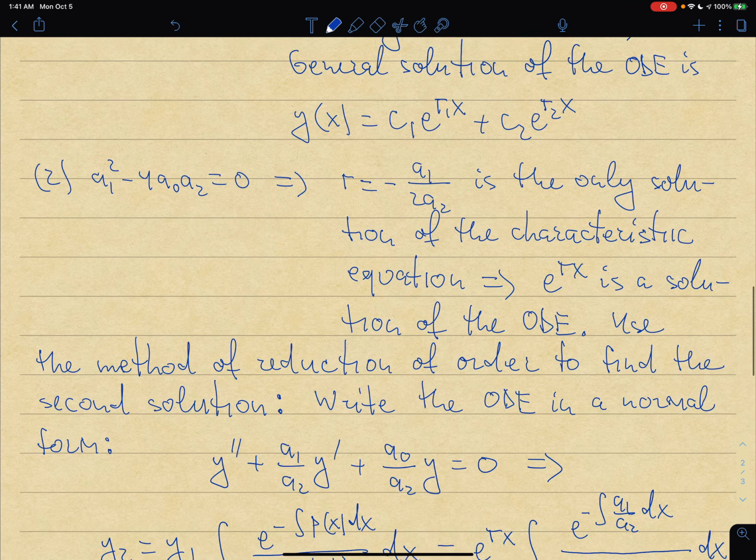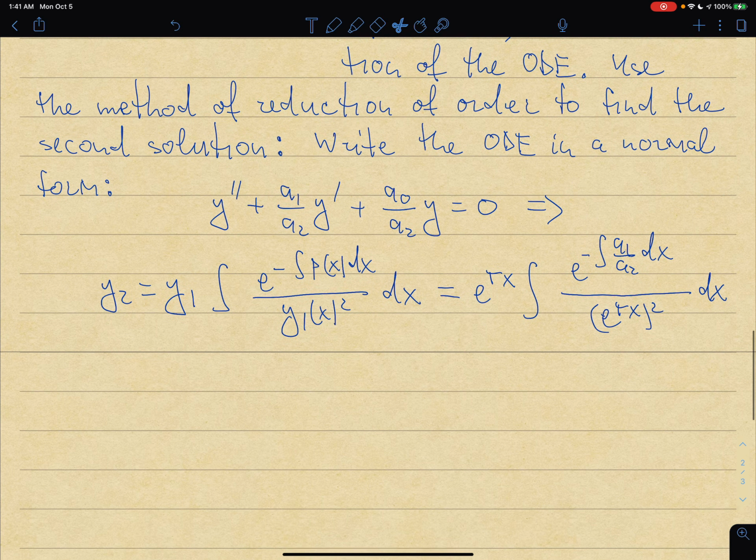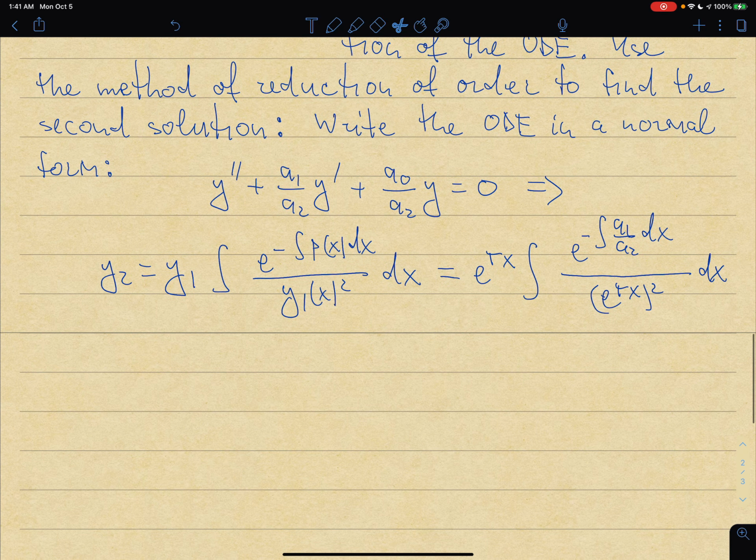Fine. And now, one other thing that we know is that r is minus a1 over 2a2, so I'm going to substitute that choice of r into my formula here. I'm going to keep e to the rx the way it is outside, so I'm only going to make a substitution inside the integral.